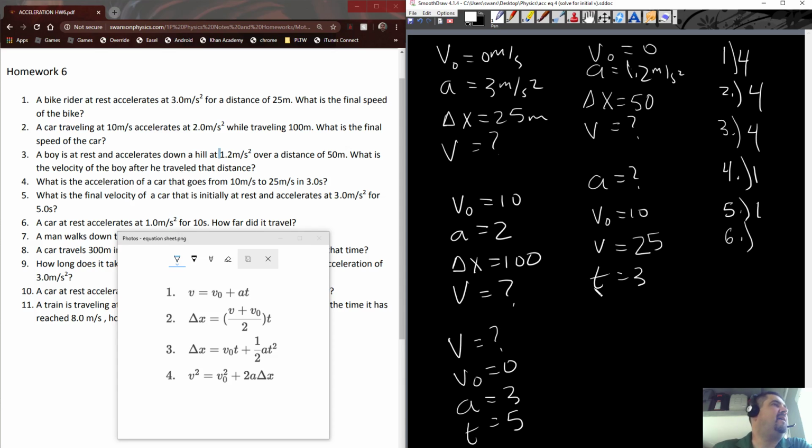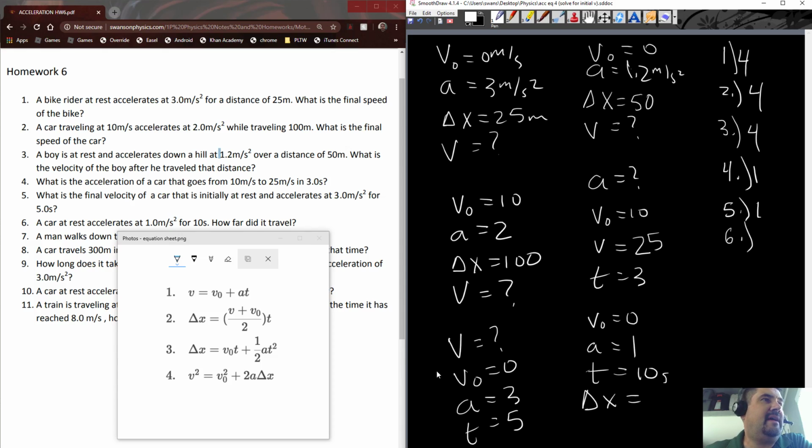Problem 6. A car at rest accelerates at. Okay, so we got a car at rest. So initial velocity is 0. Car at rest, and then accelerates at 1, and then for 10 seconds, and then how far did it travel? Delta x. Which one has all this stuff? I think it's this one.